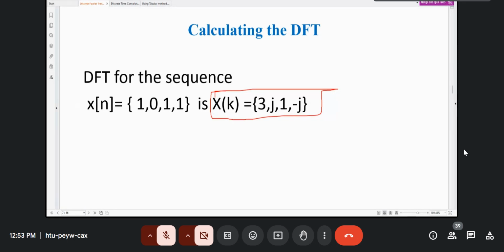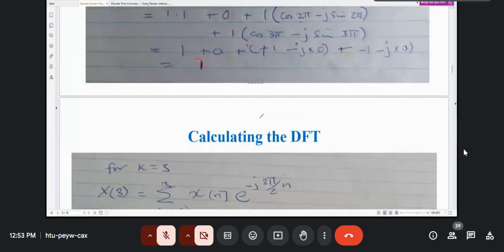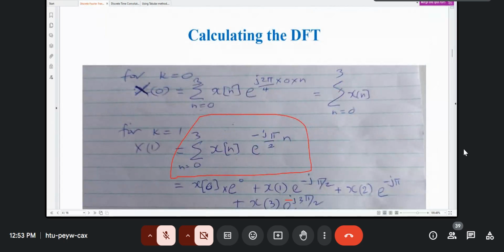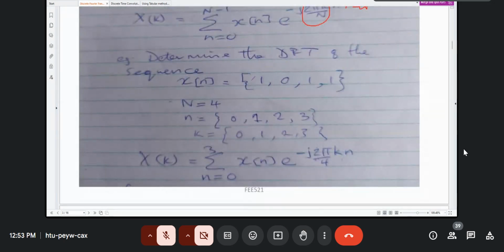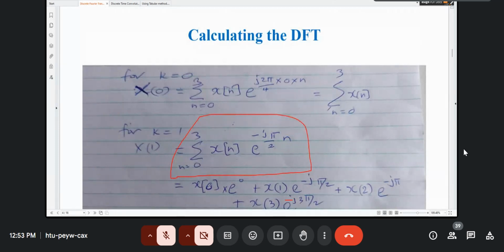I have a question. How does the 3 come about? Oh, yes. Because we are summing x of n from 0 to 3. Basically, what it means is you are adding 1 plus 0 plus 1 plus 1, because you are summing x of n from 0 to 3.